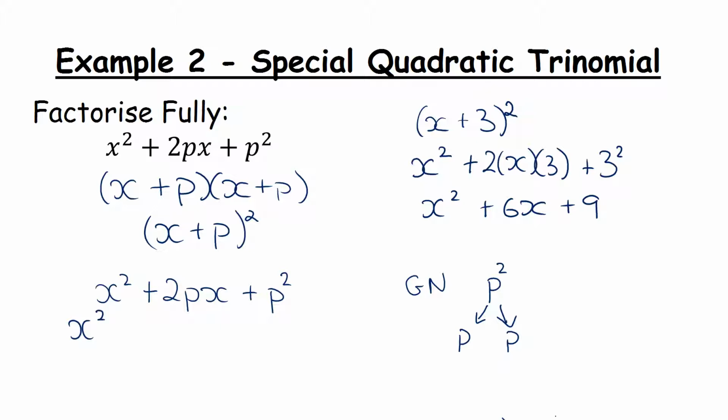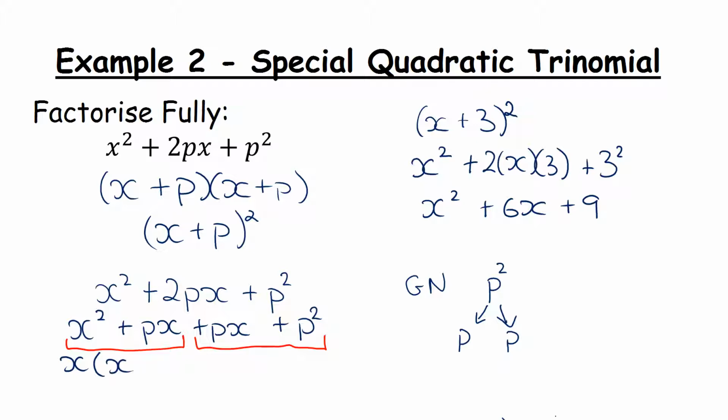We have x squared plus px plus px plus p squared. I'm coming along to do my grouping. So there's my first group. There's my second group. I look for what's common. So in my first group, I have an x, which leaves me with an x plus p. And in my second, I have a p, which leaves me with an x plus p.